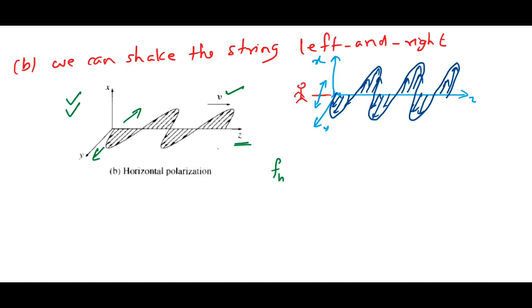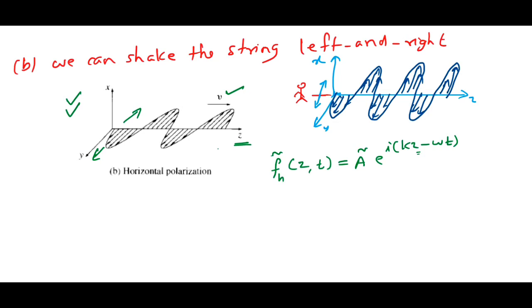It is horizontally polarized wave f of z,t, that is equal to amplitude e power i(kz minus omega t), because still the propagation is along positive z direction. What is the direction of the vibration?